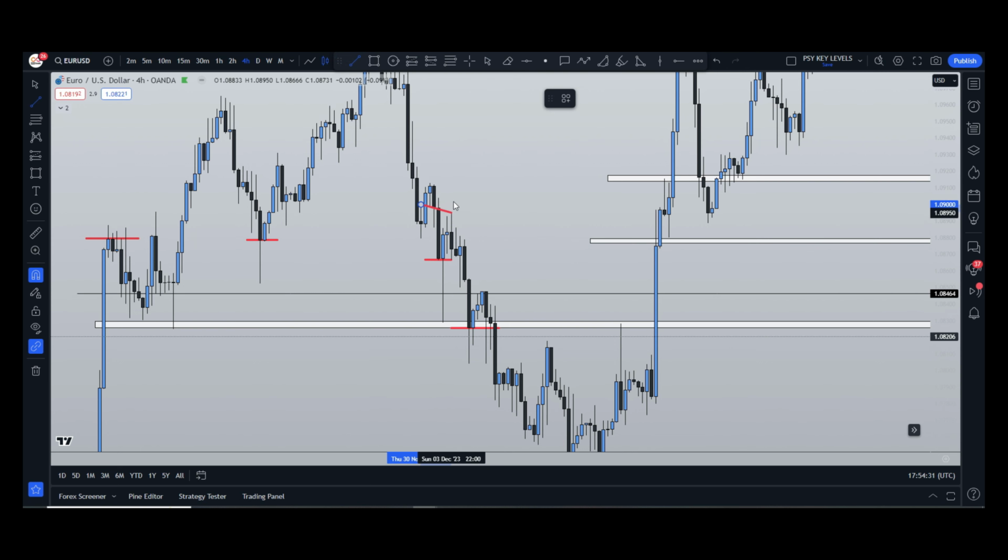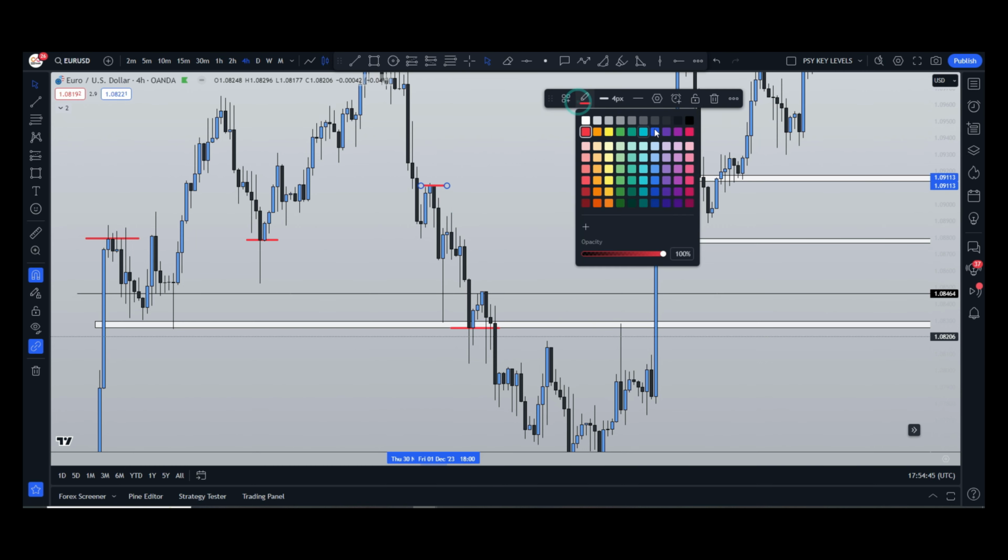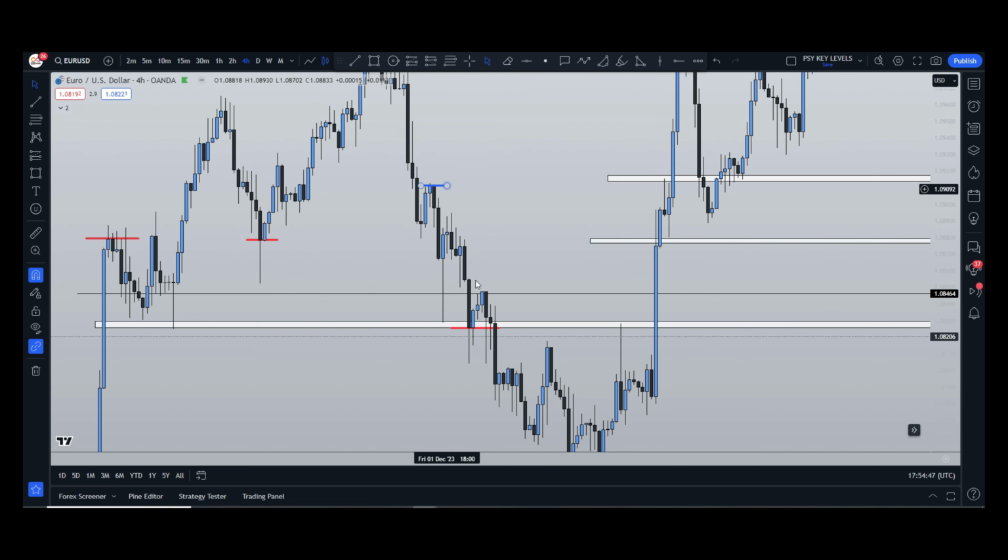Now notice when I make videos, guys, this line starts to lag, but the one I'm trying to draw is this one here. When you get this, let me draw it in a different color so you can see it better: blue for downtrends, this for uptrends. So look, price is bullish, then we look at that resistance, the equal low.